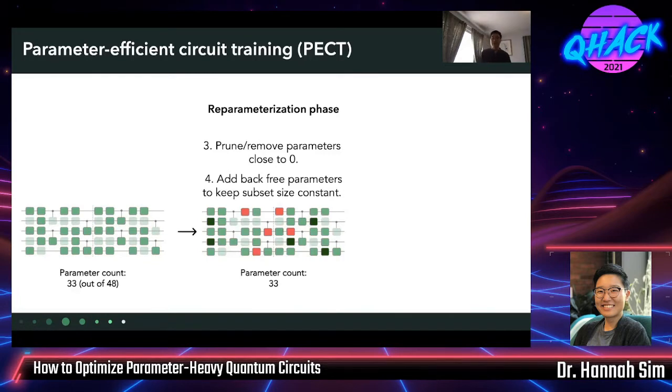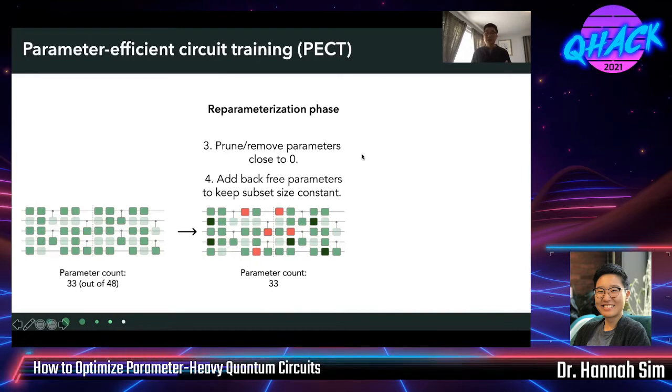So following that phase, you now enter the reparameterization phase, where first you're going to look at the optimized parameter values of your circuit substructure and prune or remove parameters with values that are close to 0. So for example, supposing that these 5 gates in red were the parameterized gates with values that are close to 0, we're going to remove those 5 gates from the substructure. And then you're going to add back free parameters in order to keep the parameter subset size constant.